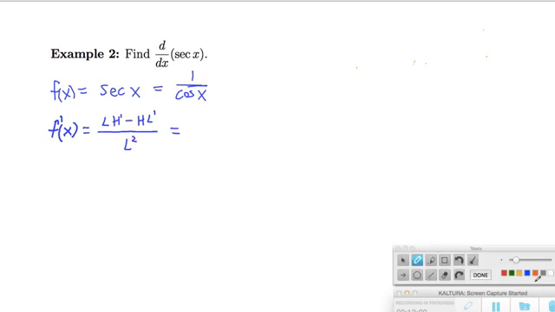And a couple of things to remember. The derivative of cosine of x is negative sine.